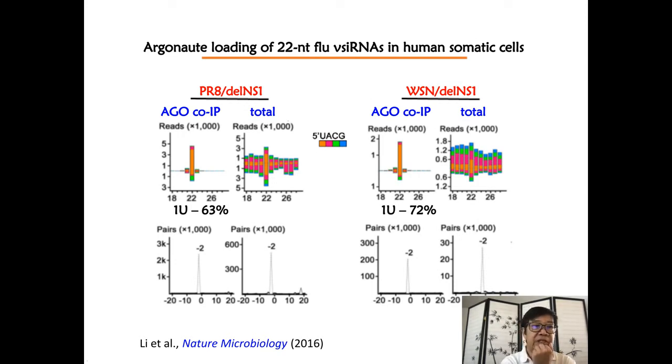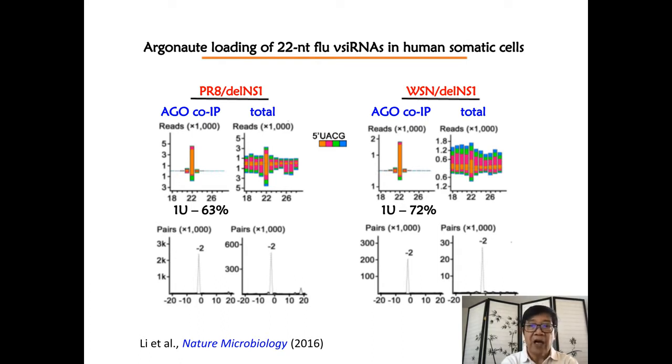Similarly, sequencing the cells infected by the NS1 deletion mutant of another strain called the WSN strain, which are both H1N1 serotype, also found highly abundant 21 to 23 nucleotide viral siRNA in the Argonaute complex.